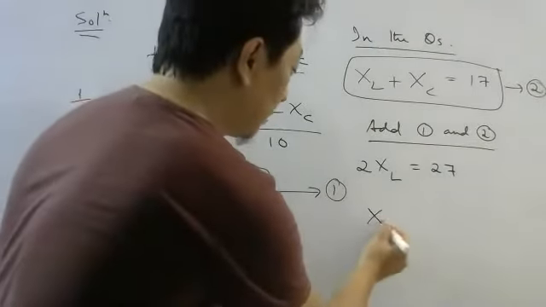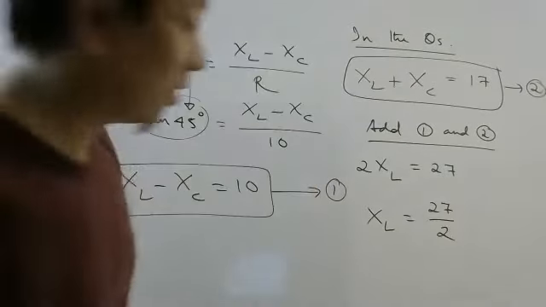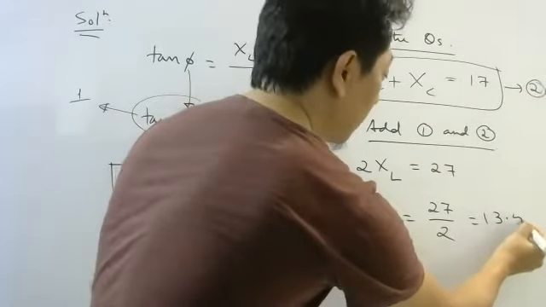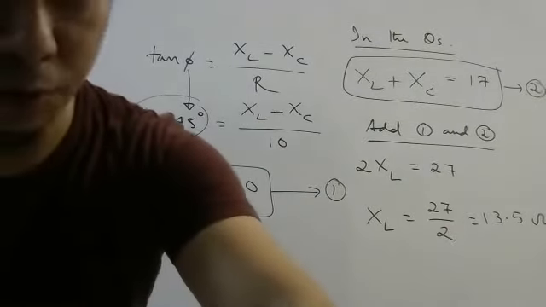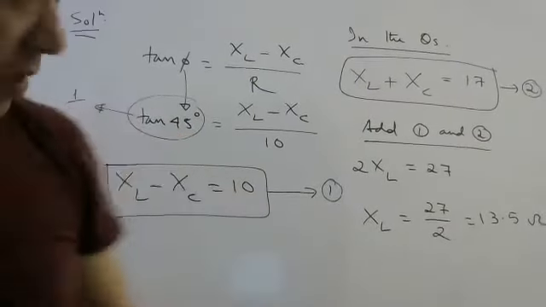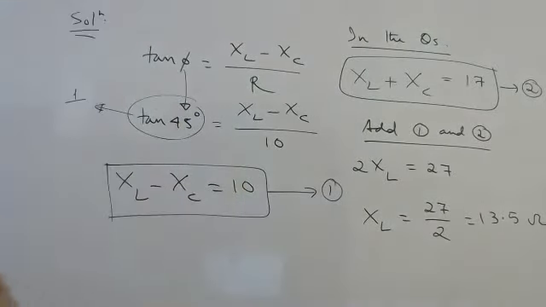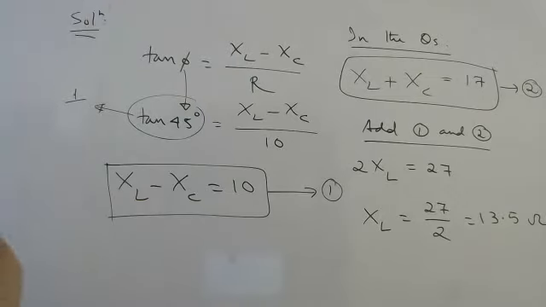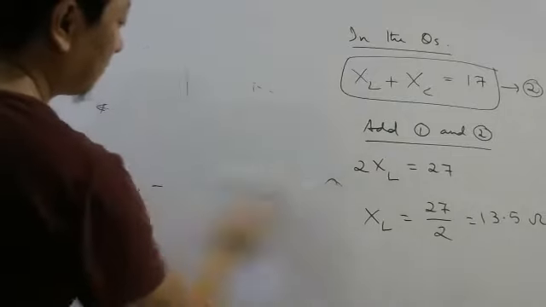So from here, XL will be 27 divided by 2. That will be 13.5 ohm. That is your XL. If they ask XL, here you can stop. But in the question, they have asked L, not XL.